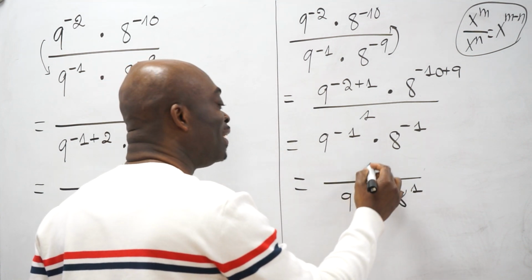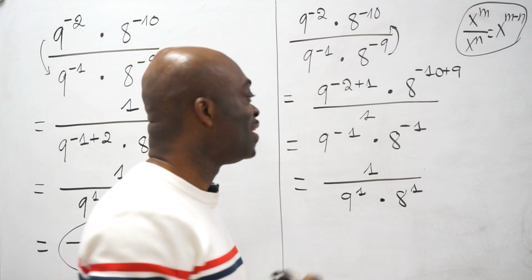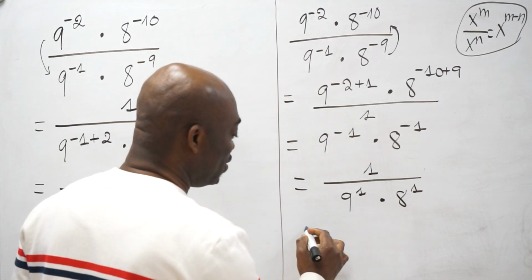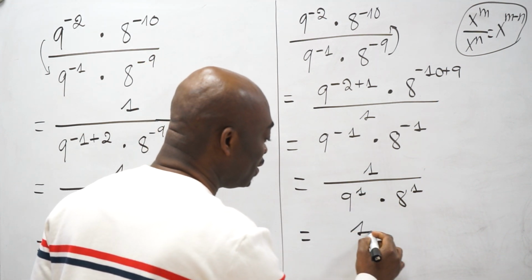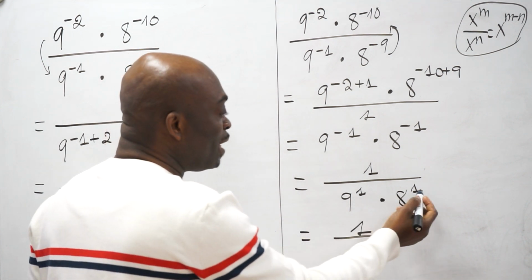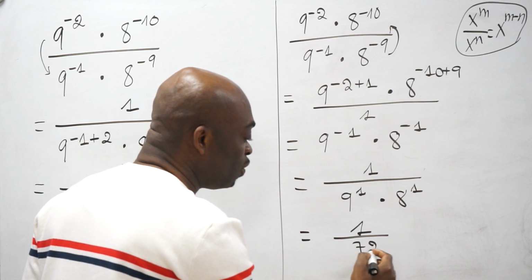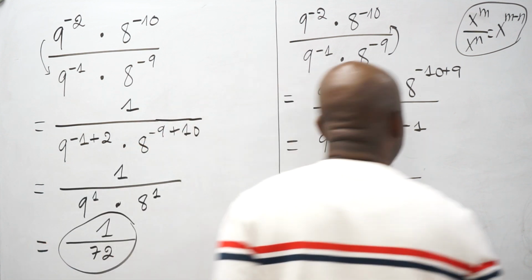And what do you need to claim? You claim 1 on the top. Very interesting, right? So you end up with 1 over 9 times 8, because 9 power 1 is 9, 8 power 1 is 8, so 9 times 8 is 72, which is the same as the one we did before.